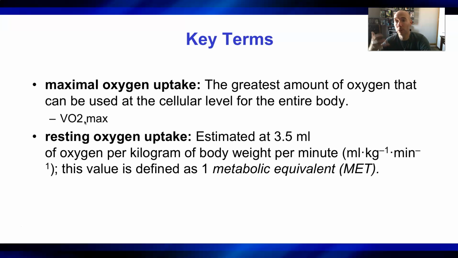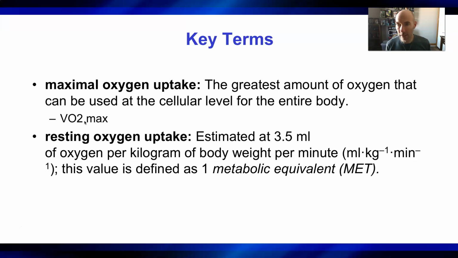The higher your VO2 max is, the higher your functional capacity is. And what that really represents is the maximal amount of oxygen that your body can utilize for energy production, right? So if you have a higher VO2 max, your body is going to be able to bring in and utilize more oxygen to create energy versus somebody with a lower VO2 max, okay?